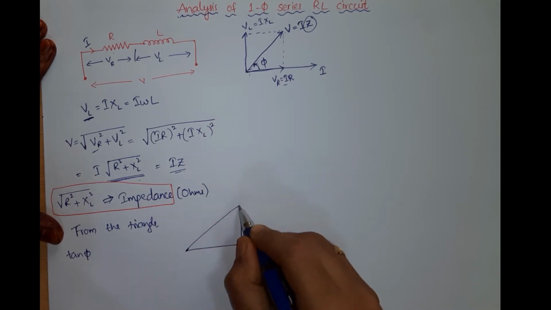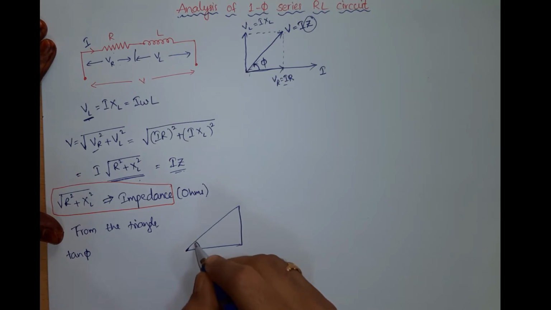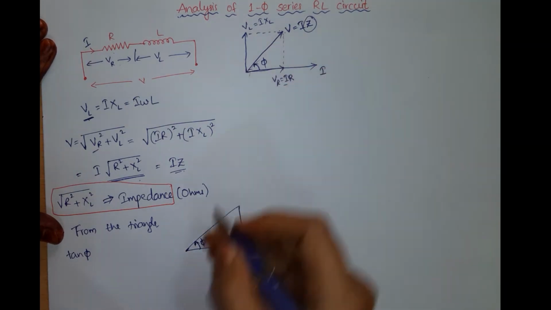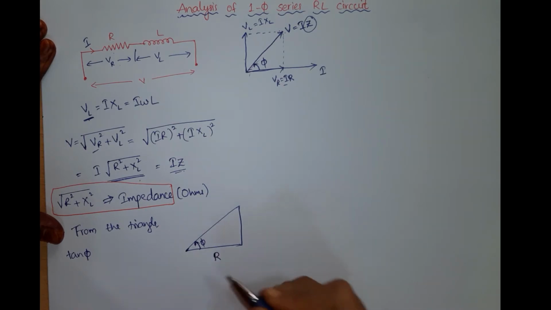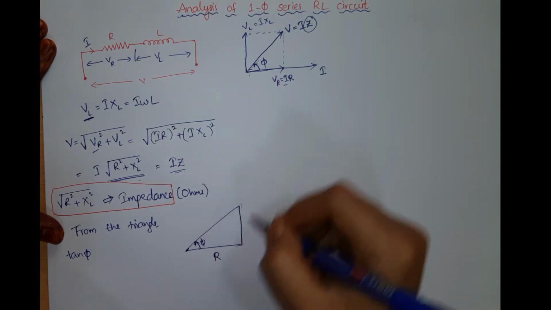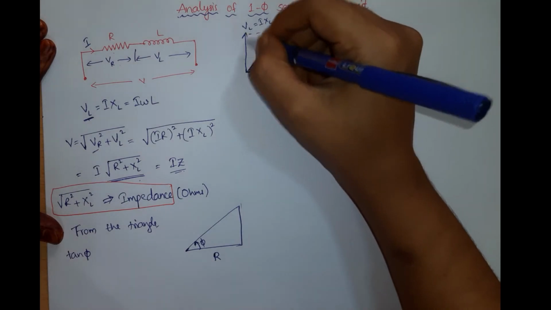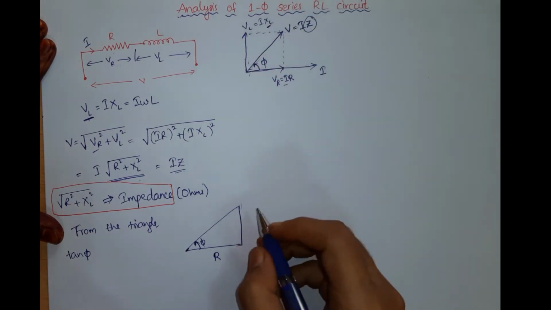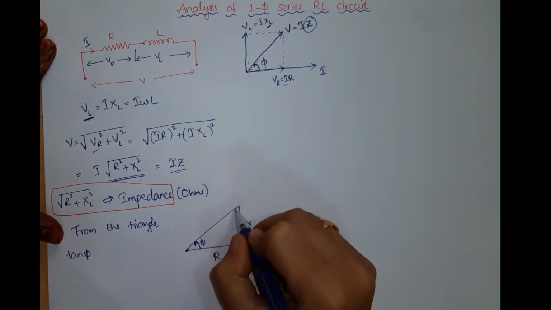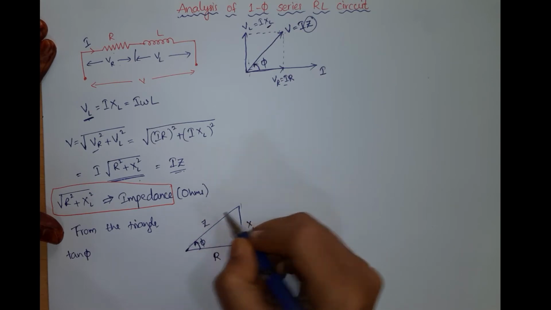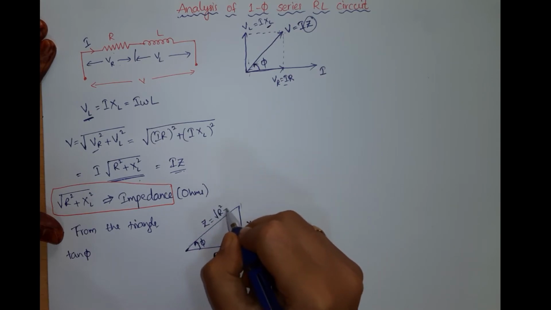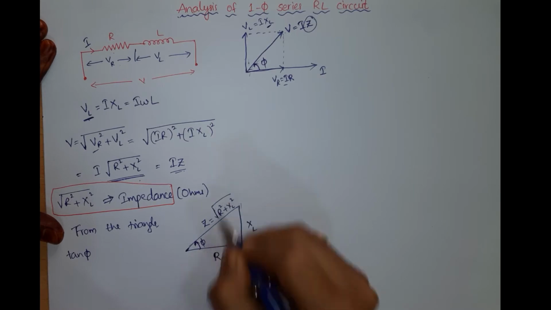This is the triangle I am considering, where phi is the phase angle. This element corresponds to R, this one corresponds to XL, and this element corresponds to the resultant, that is Z, which is root of R square plus XL square.